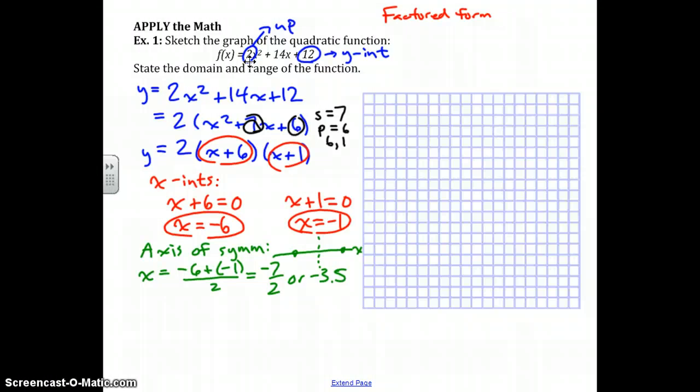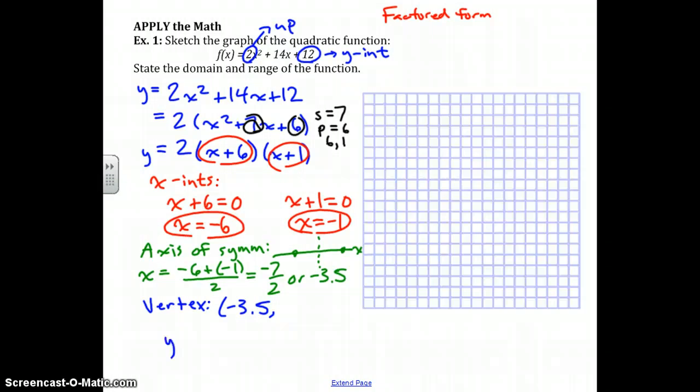Therefore, we can find our vertex, because it's going to be at negative 3.5 and whatever the corresponding y value is. So our vertex is negative 3.5, comma, and we have to figure out what that y value is. To do that, we sub into our function.